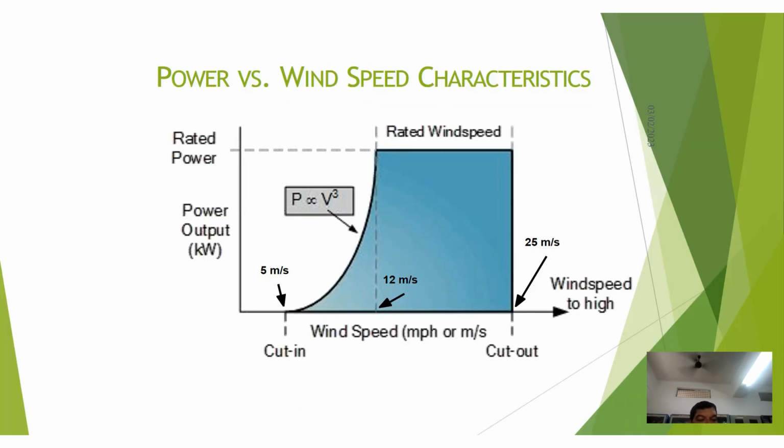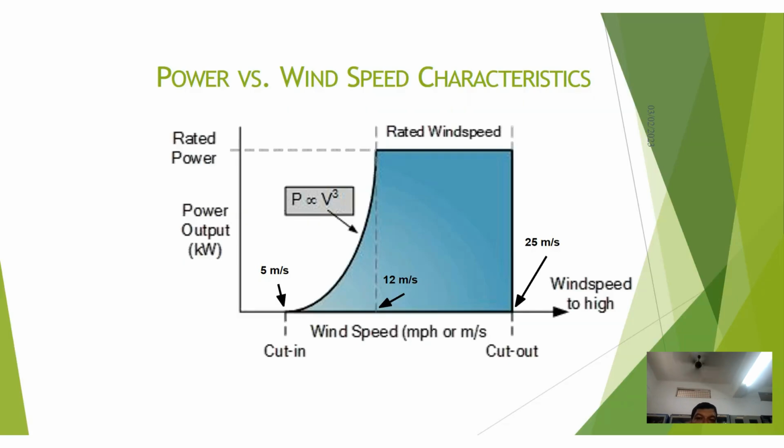Only 27% of wind energy is utilized for conversion into electrical energy. That's why the wind plant has very low efficiency compared to the remaining renewable energy sources.